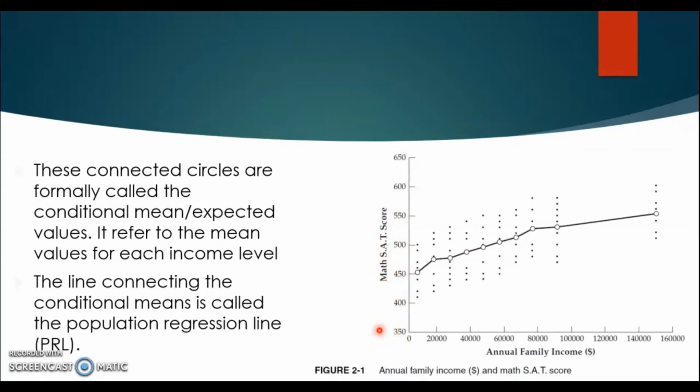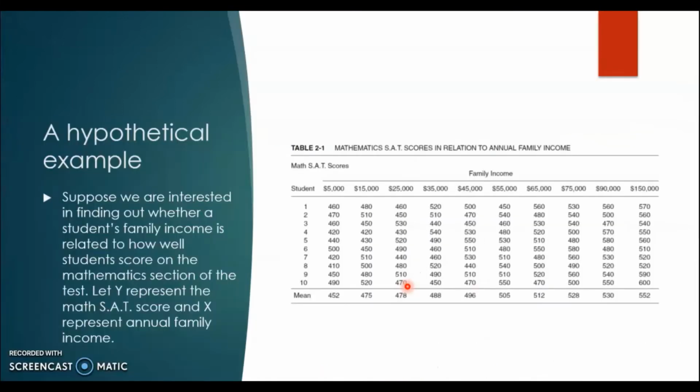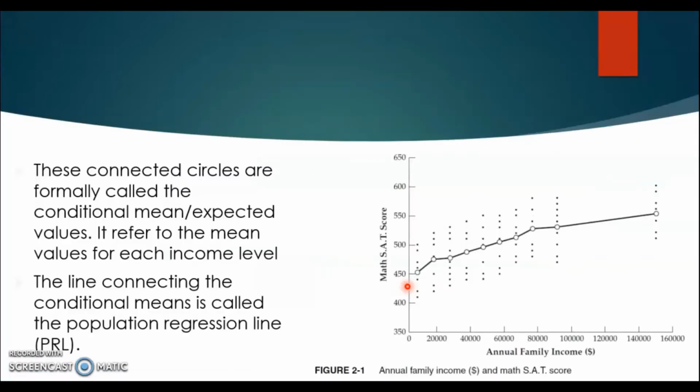Of course, for each income level, there are several SAT scores since we have 10 students per group of income level, as shown here. We will have 10 scores plotted under each income category.